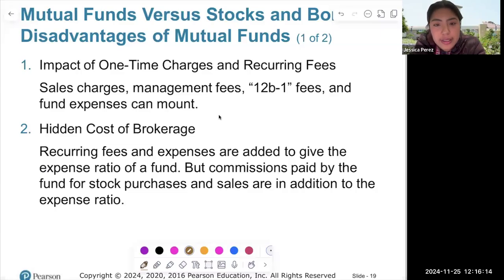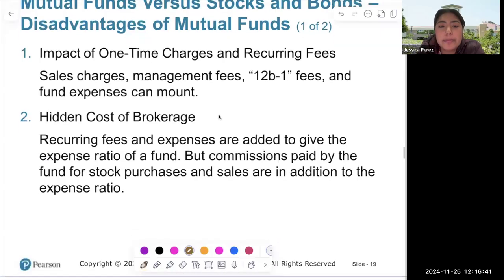So recurring fees and expenses are added to give the expense ratio of a fund, but commissions paid by the fund for stock purchases are in addition to the expense ratio. So everything will sum up at the end of the day. The person who is in charge of selling my bonds or funds or stocks will make a commission in addition to the principal amount. Okay.